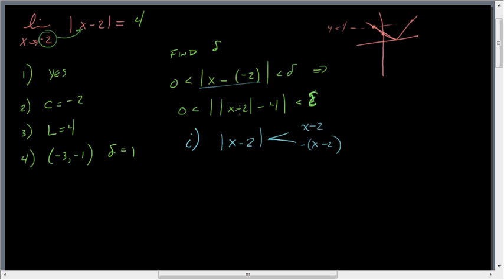Okay, so if we have x minus 2, then we would have x minus 2 minus 4. That would be x minus 6. Or we could have a negative x plus 2, which would be negative x minus 2. So that's a much smaller value. So we're going to choose that value.